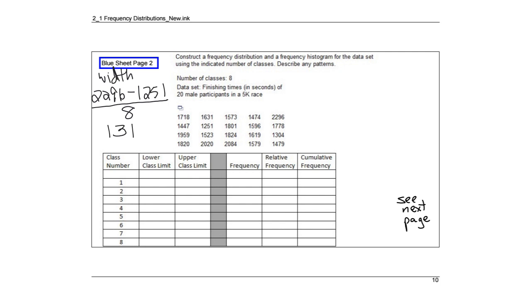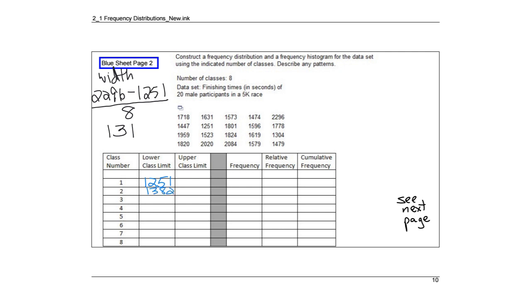So we always start with the smallest number. So our smallest number was 1,251. And what we're going to do is add 131 all the way down. So if I take 1,251 plus 131, that would give me 1,382.